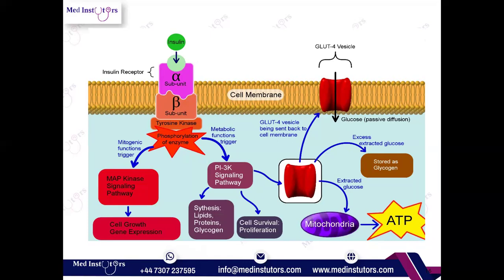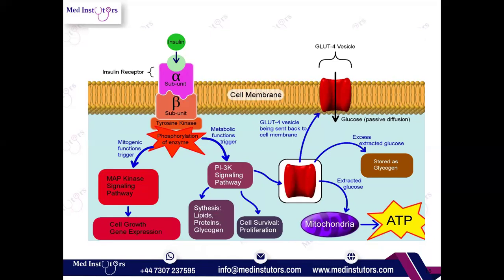So whenever insulin is activating the insulin receptor, the tyrosine kinase activity results in mitogenic functions and metabolic functions. So insulin essentially has two functions, mitogenic functions and metabolic functions. The mitogenic function is with the help of the mitogen activated protein kinase signaling pathway, the MAP pathway, resulting in cell growth and gene expression.